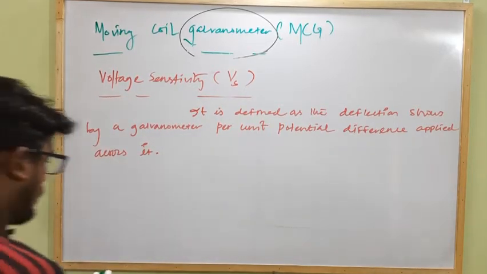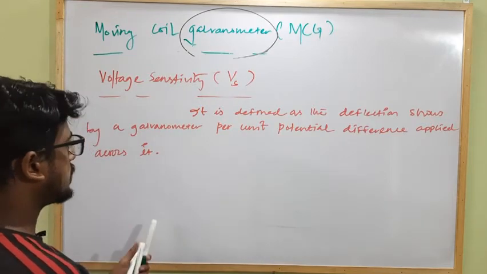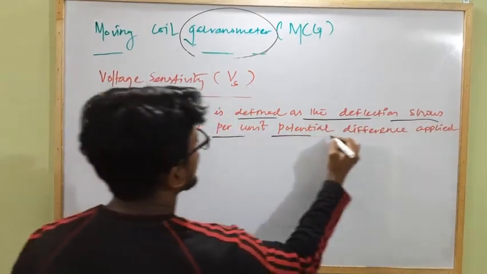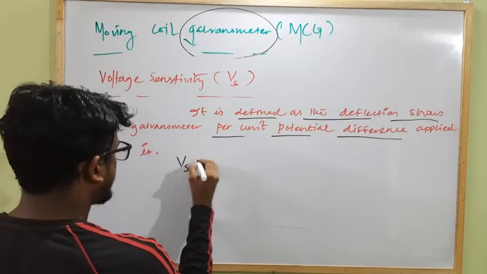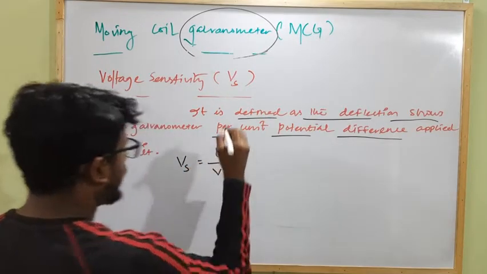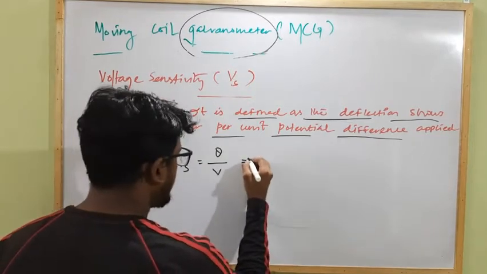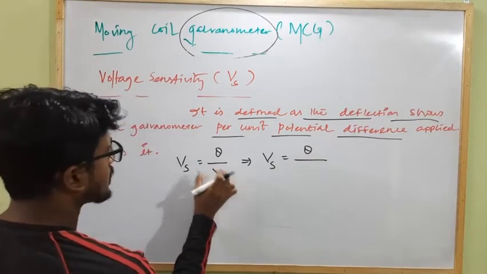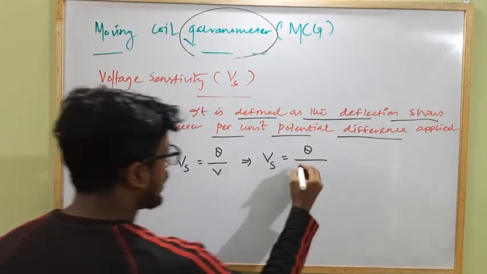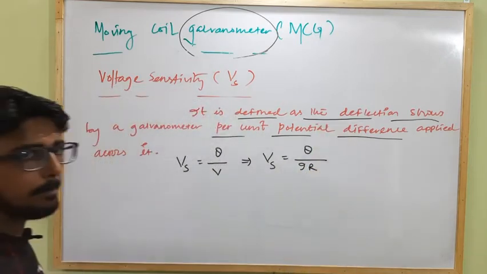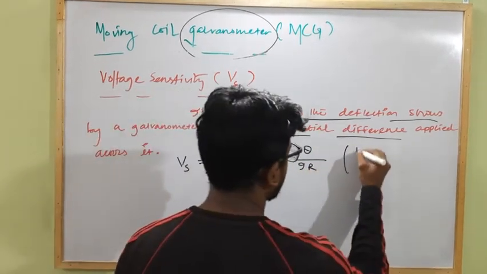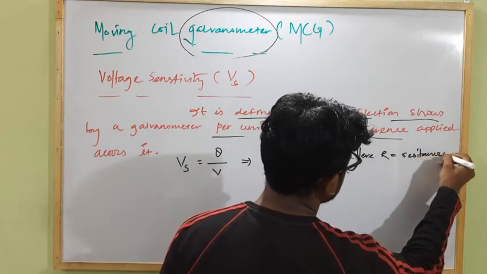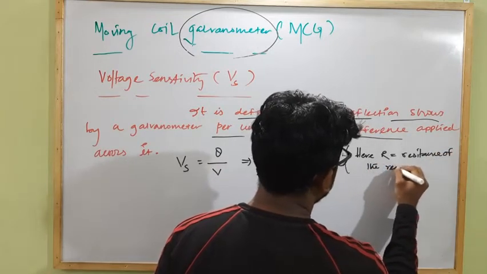So the expression for voltage sensitivity will be what? It is defined as the deflection shown per unit potential difference. So the voltage sensitivity is equal to the deflection theta divided by the potential difference across the galvanometer. It is because of the coil, so I into R. Clear? What is R? Here R equal to resistance of the rectangular coil.